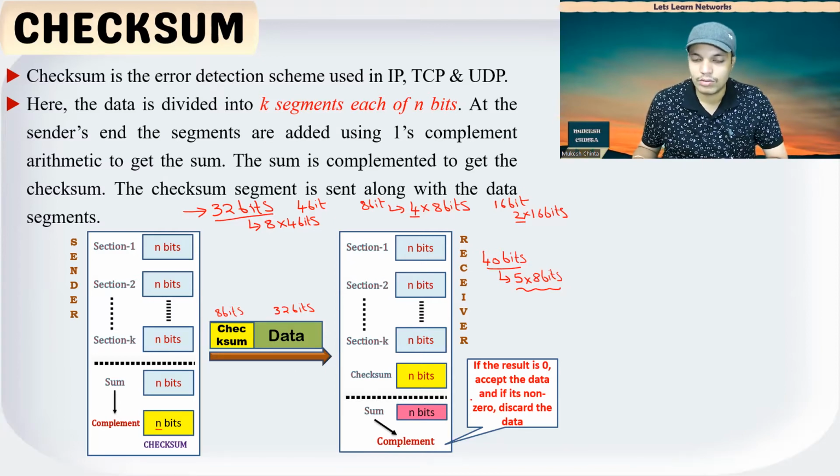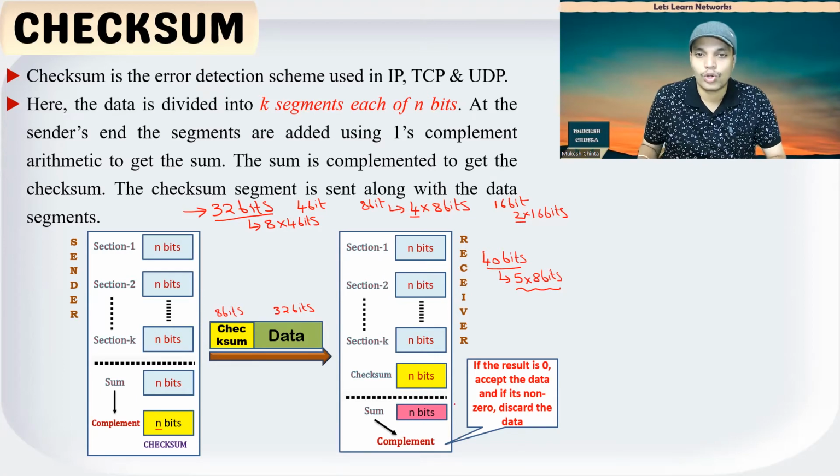If the result is 0, the receiver accepts the data, assumes it has been received without any transmission errors, and passes it on to the upper layers. But if the complement is not 0, if something else comes in, it will assume that some transmission errors have happened during data transmission, and it will reject the data.